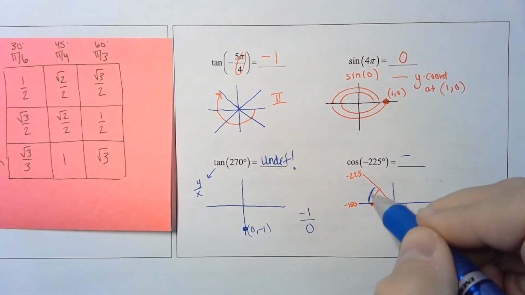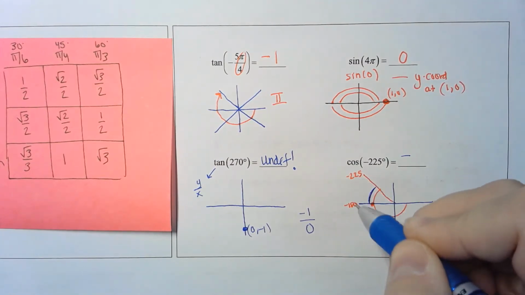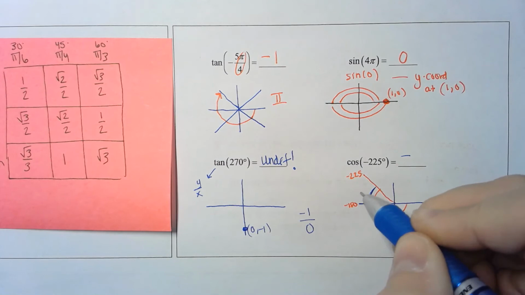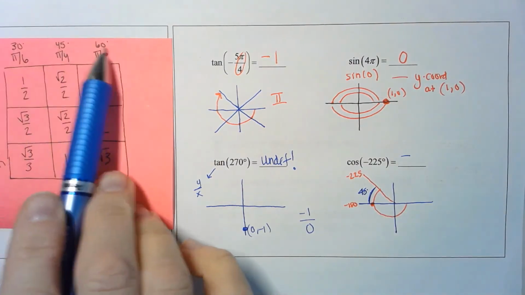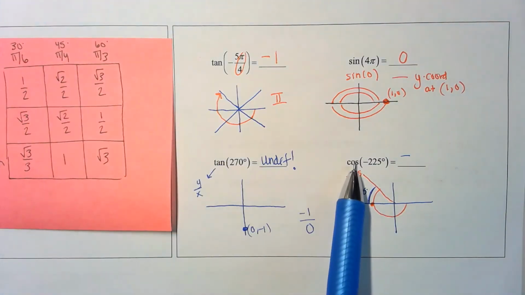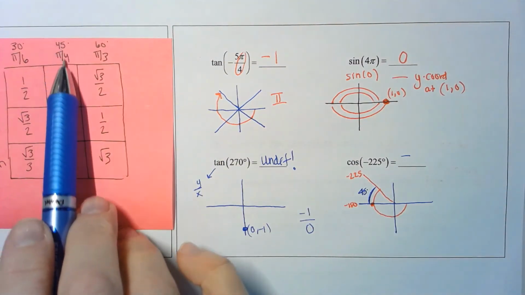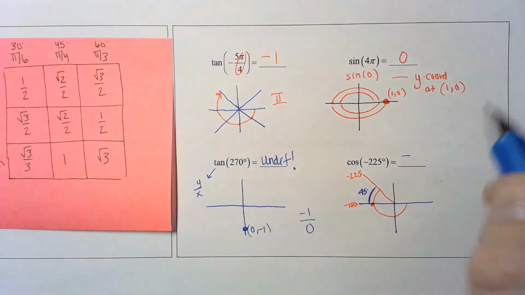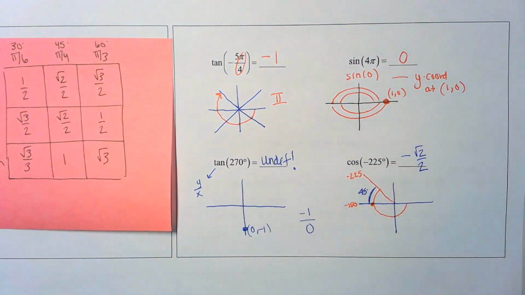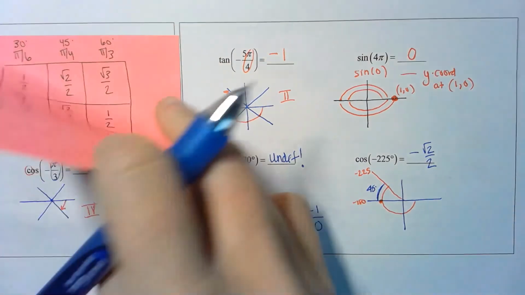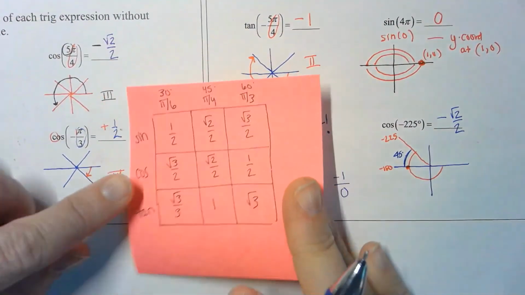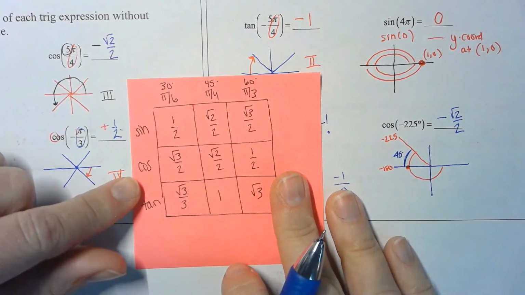I need to know the reference angle. How far apart are these angles? 225 minus 180 is 45. By the way, it will always be one of these. The cosine of any 45-degree angle is radical 2 over 2. Okay? So this chart right here is super helpful.